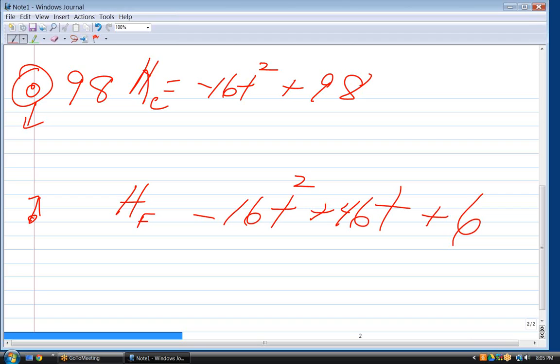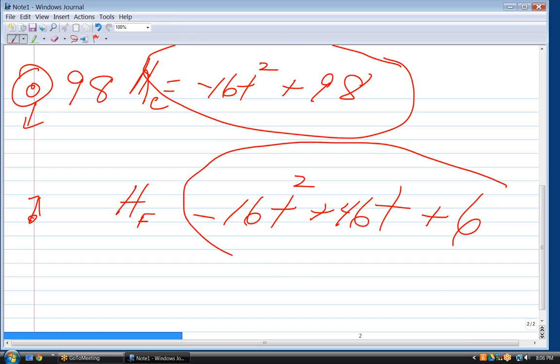So the real problem here is merely subtracting polynomials. So we're going to take this polynomial and subtract this polynomial. That will give us the height of the ball at any point in time.